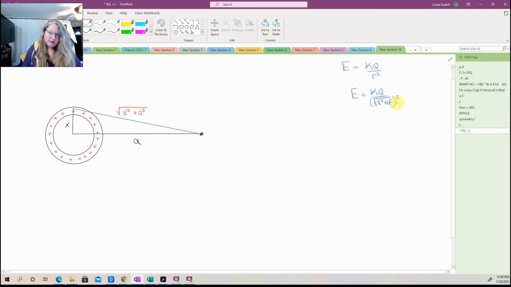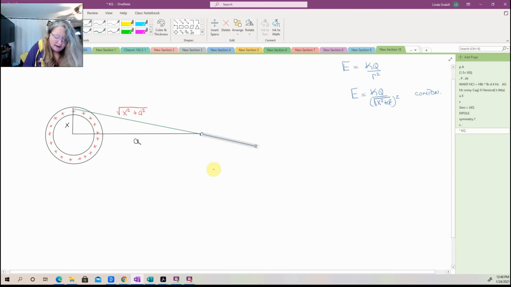Now, am I looking at something that's at an angle, or is it in a straight line? It's going to be at an angle, so I know I'm going to have some sort of components here. And it's a continuous charge distribution, so what does that mean? I have this positive charge over here, and here is the point that I'm looking at. For a positive charge, the field is going to continue on straight down.